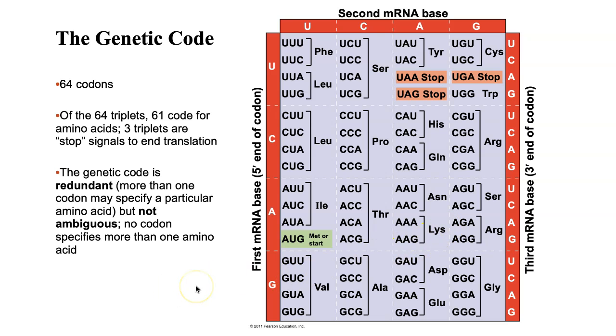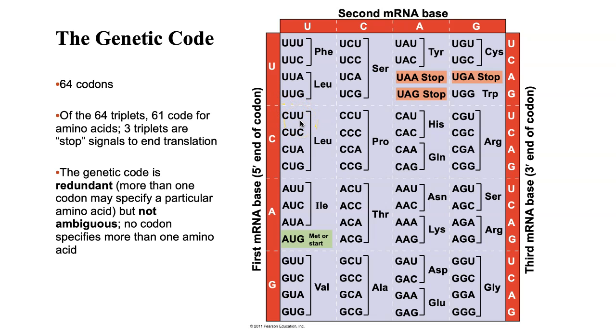So where might this come in handy? Where might this be beneficial for us? Well, if we think about genetic mutations, let's just take this for example. This of course is a codon, so this is RNA. The template DNA for this would be GAA, right? Let's say if this is our codon, so GAA.